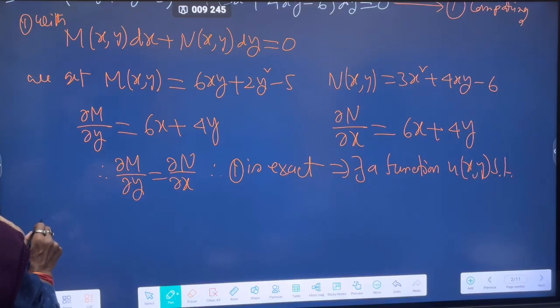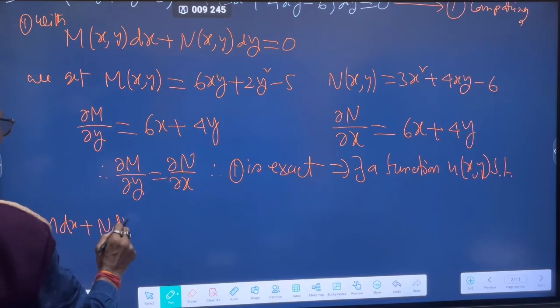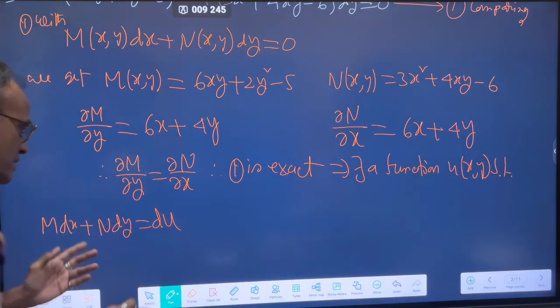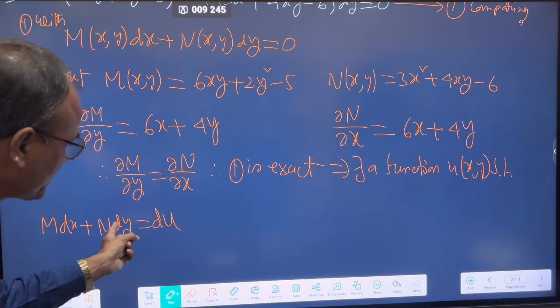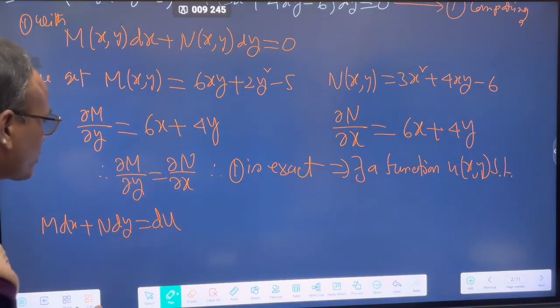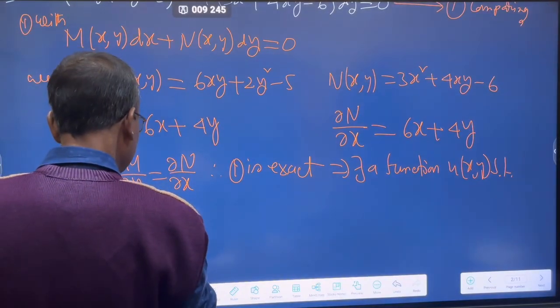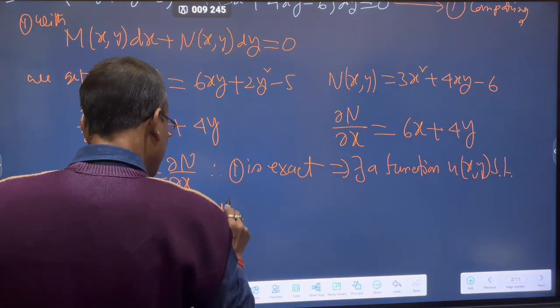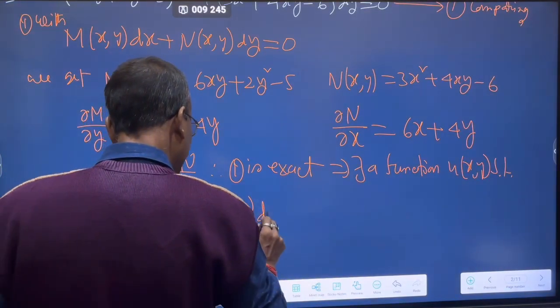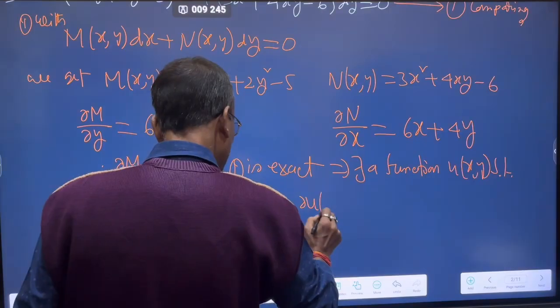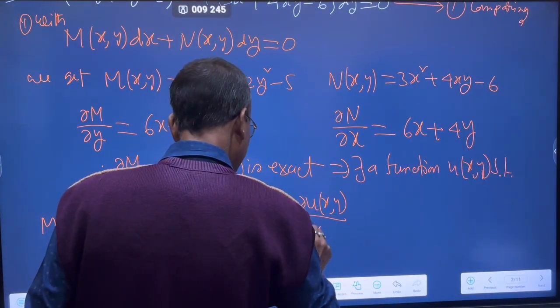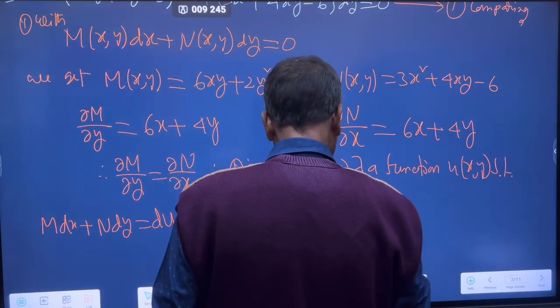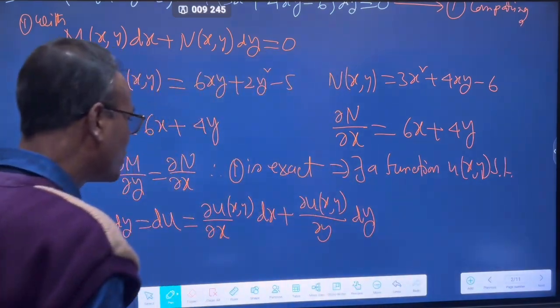M is a function of x and y, N is a function of x and y, u is also a function of x and y. This is equal to del u by del x dx plus del u by del y dy.